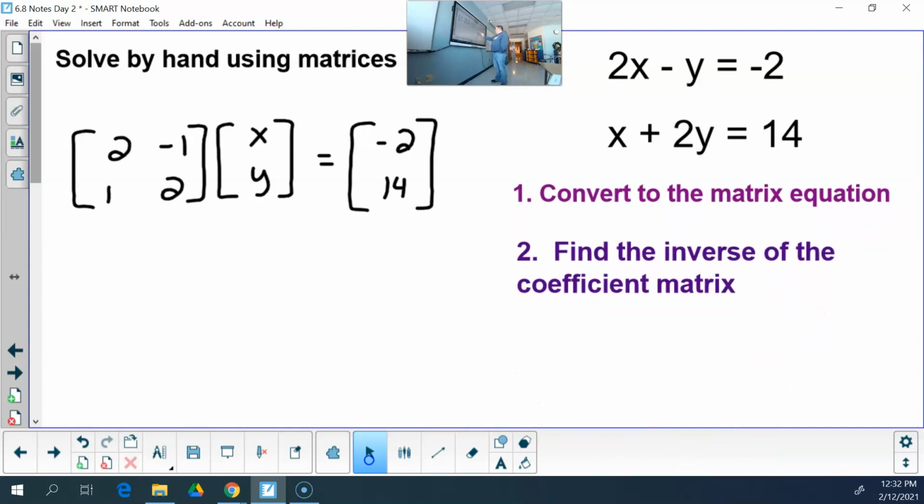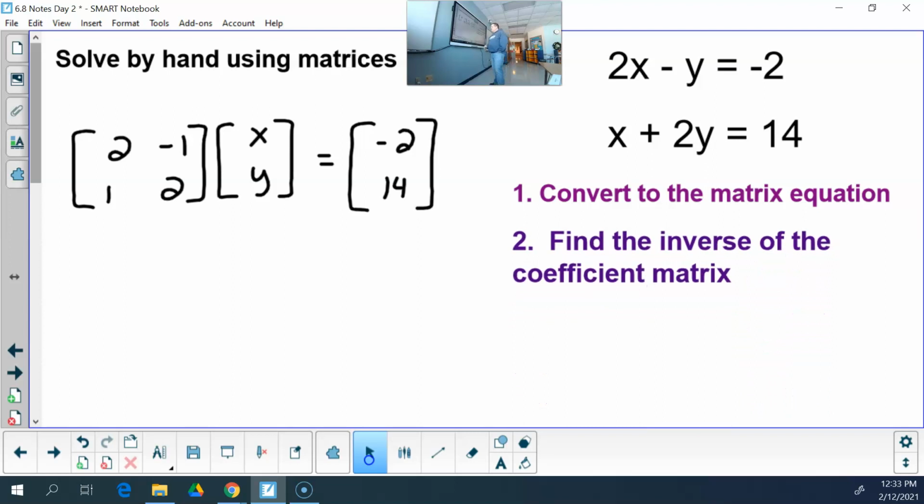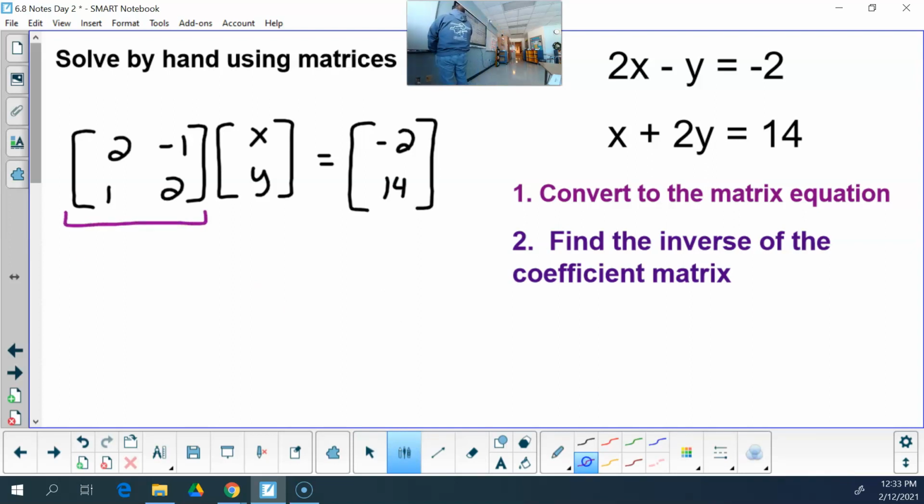Next, we have to find the inverse of our coefficient matrix. Well, that's going to be 1 over the value of the determinant, criss-cross, minus cross. 2 times 2 is 4, minus negative 1 is 5. Okay?